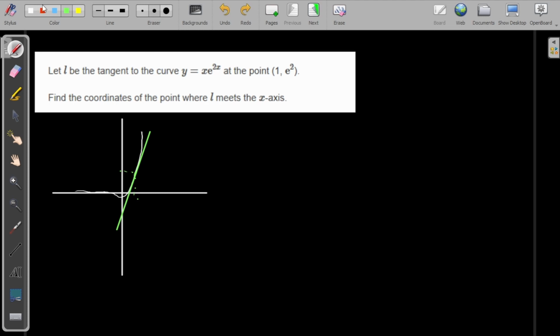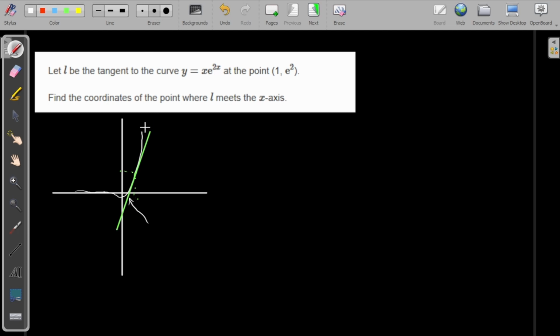So basically I'm searching for that point where the line meets the x-axis. How should I find it? The first thing that you have to do is find the line, obviously.